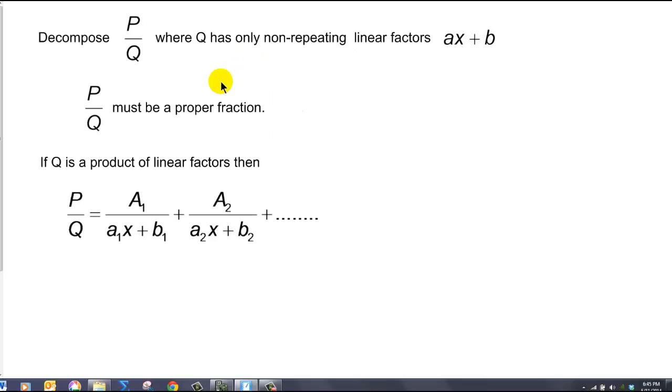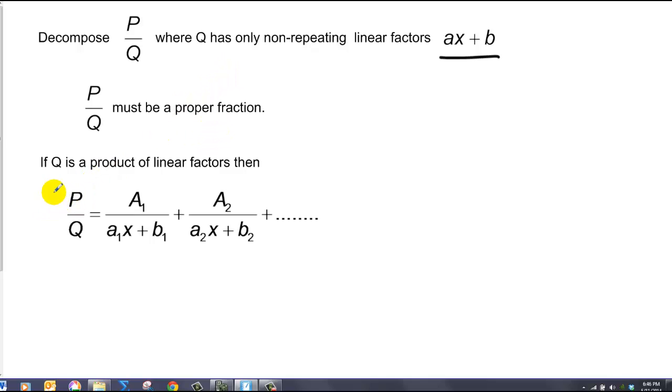The first is if we want to decompose some fraction p over q, where q has non-repeating linear factors of ax plus b. In other words, these factors are linear in nature. No squared terms. P over q has got to be proper, which means it's not greater than 1, or the denominator doesn't go into the numerator.